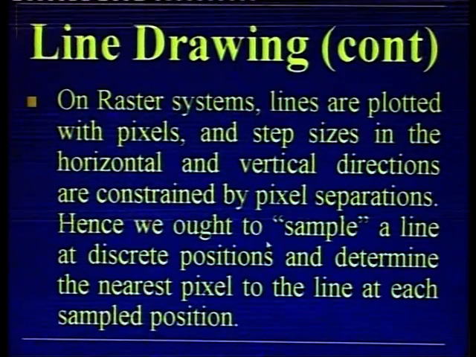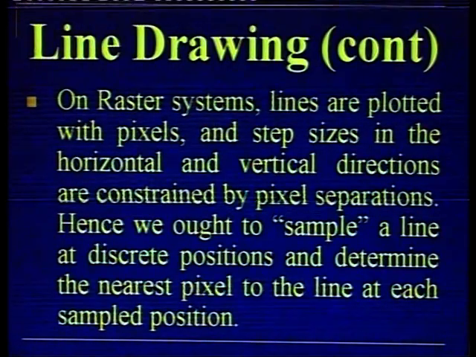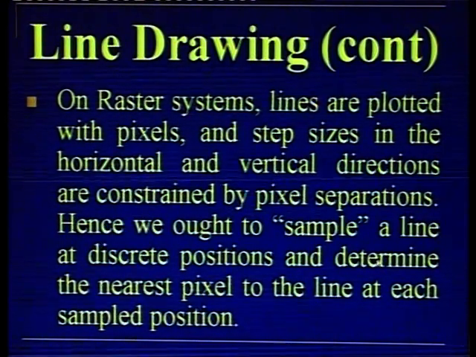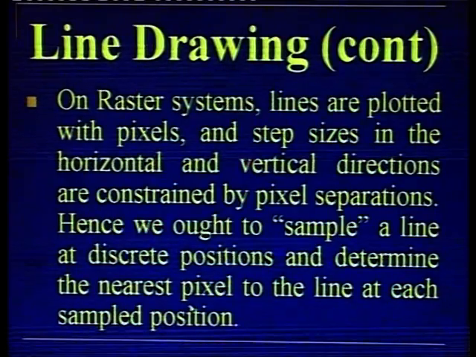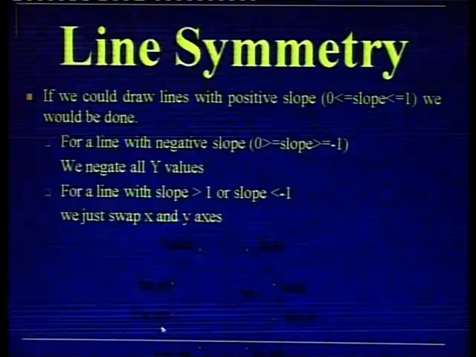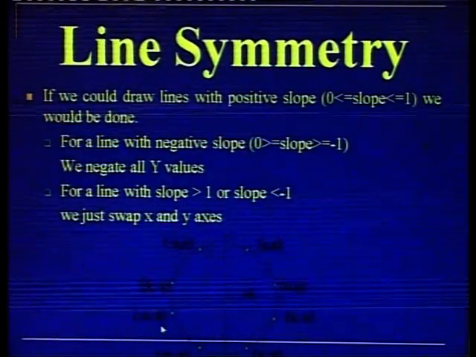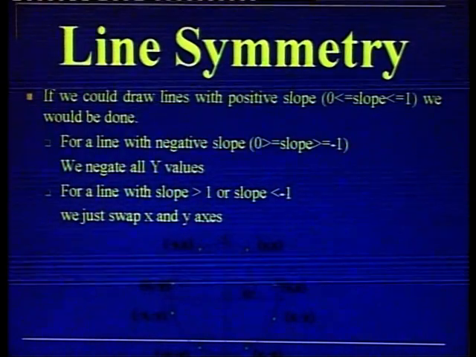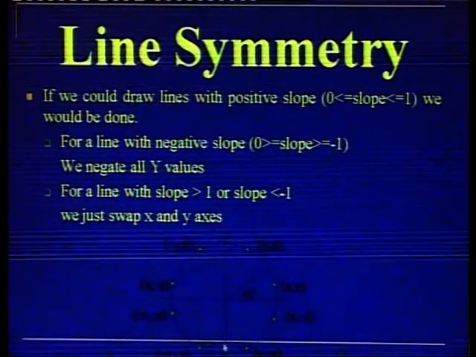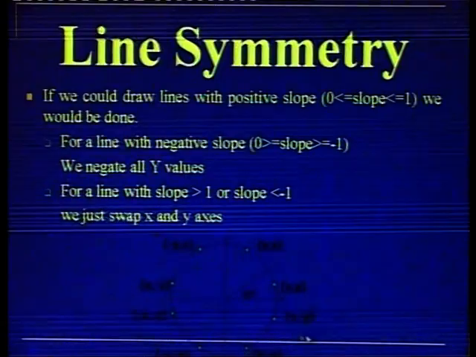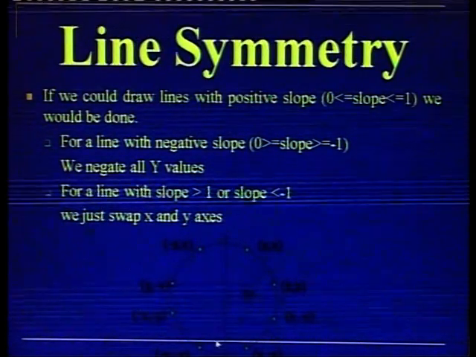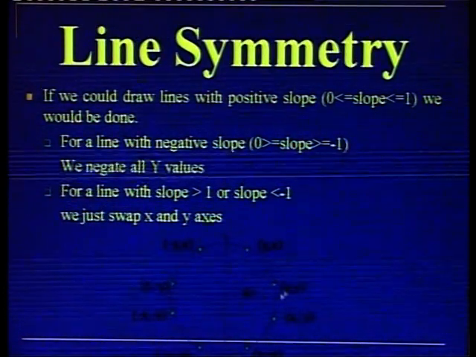One position, then the second position. In between, there is no sample. At discrete positions and determine the nearest pixel to the line at each sampled position. If we draw lines with positive slope, meaning 0 to 1, from this area, from 0 to 1. Here the slope is 0, here the slope is 1 up to this area.